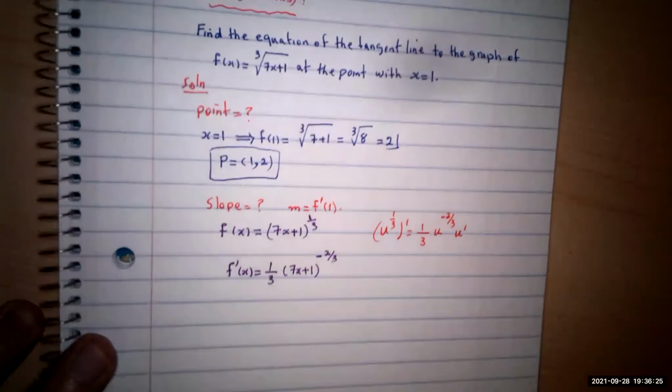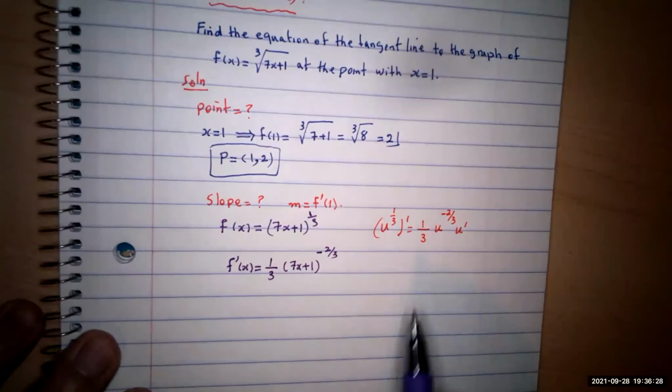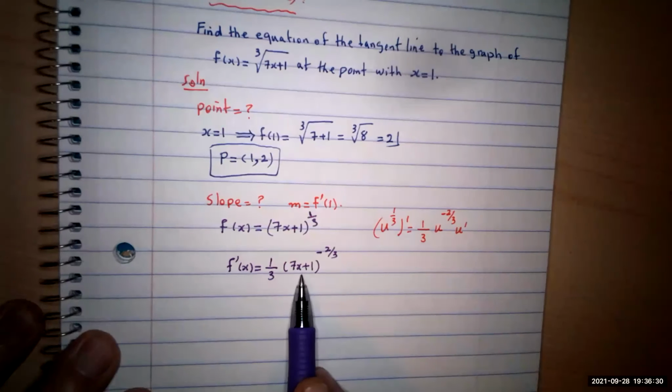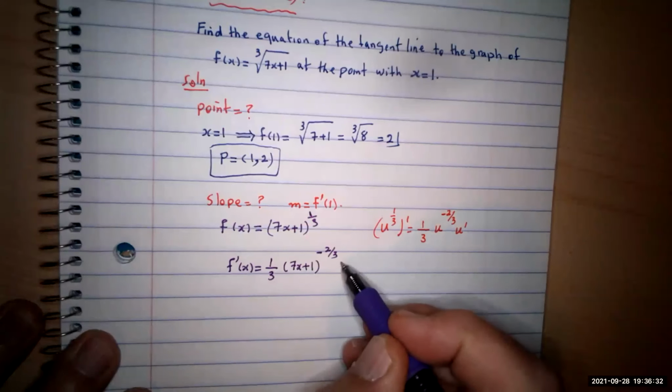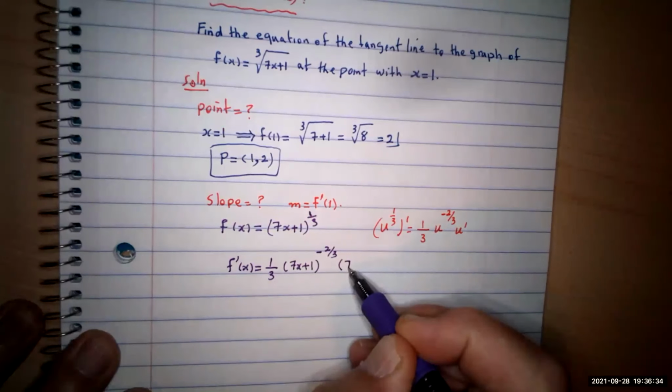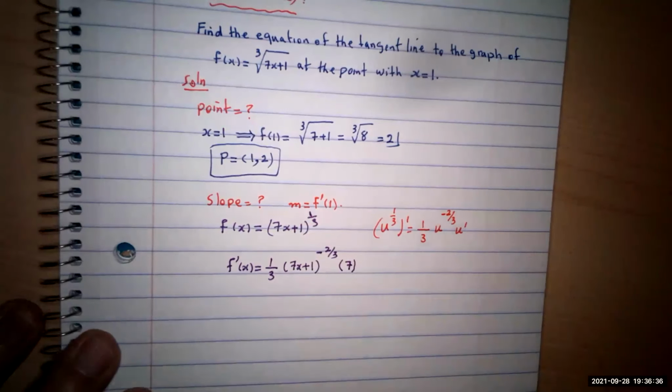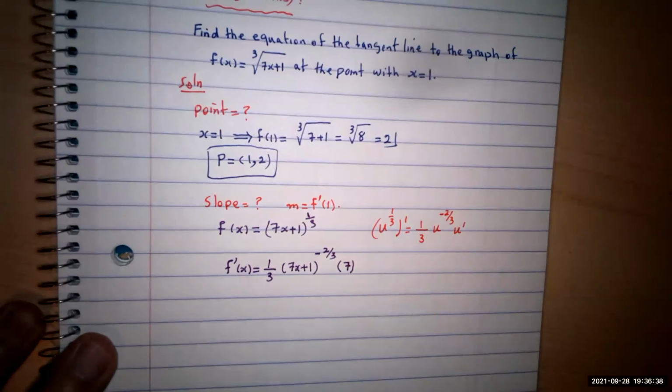Now multiply by u prime, the derivative of the inside, the derivative of 7x plus 1. The derivative of 7x is 7, the derivative of 1 is 0. So that's 1/3 u to the negative 2/3 and u prime.